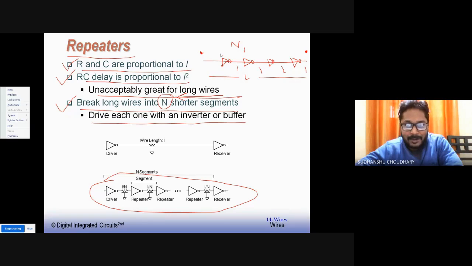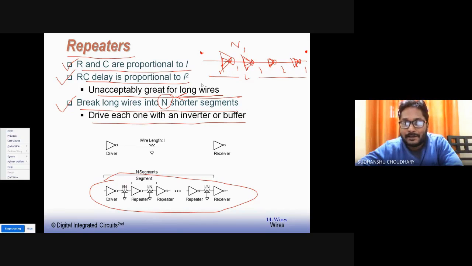This repeater can be bigger, and maybe this can be a little bit smaller, then this further smaller, then this further smaller, right? This is called progressive sizing of the repeaters along the chain. How to size these repeaters is also a part of this course. We'll understand how to size later on.